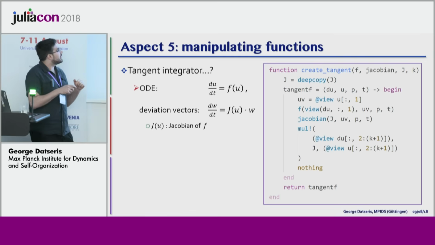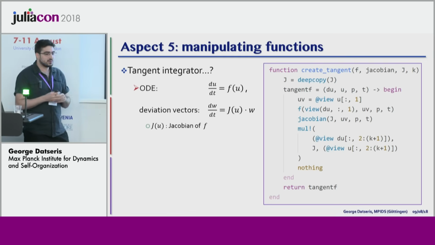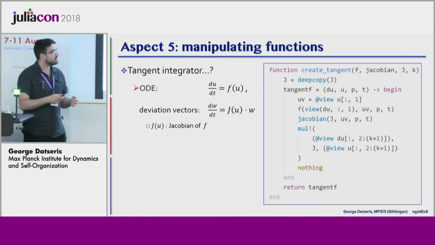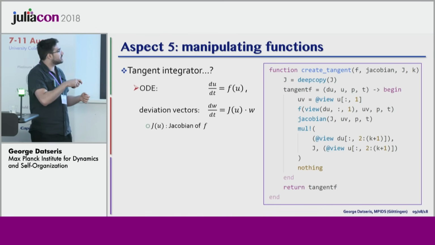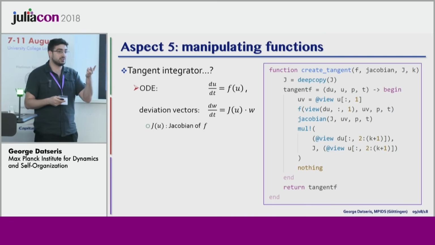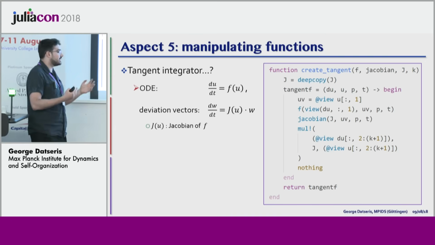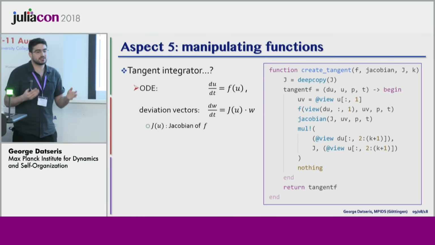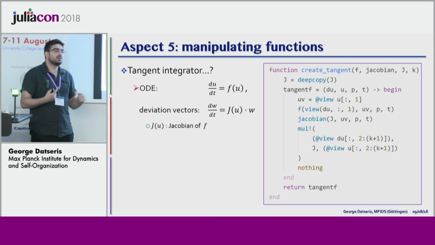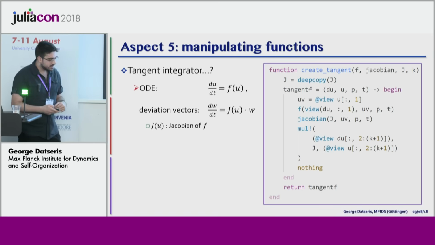On the other part, you have these deviation vectors that I mentioned, and the way this works is you have to compute the Jacobian of the equations of motion, and then multiply the Jacobian with the deviation vector, and this gives you the rate of change. So you see you have two different evolutions that must happen in parallel. And since we use DifferentialEquations.jl for continuous systems, we want to give a single function that does this. So how does this work?